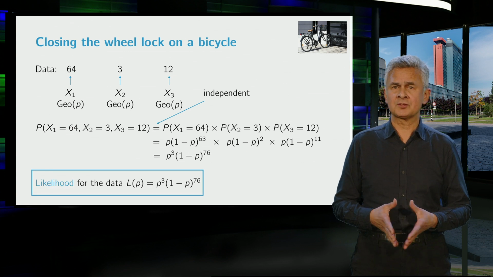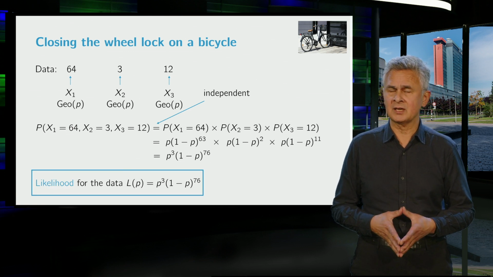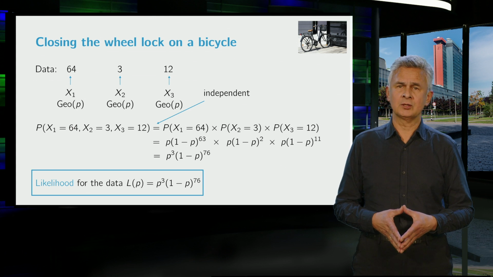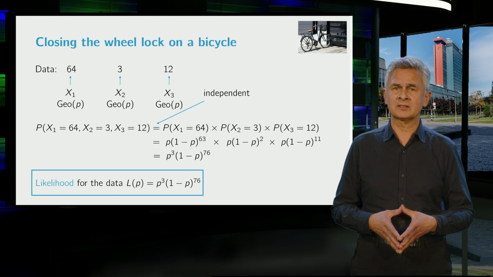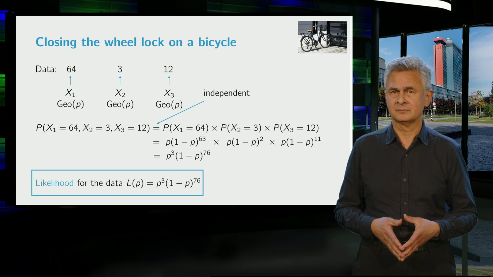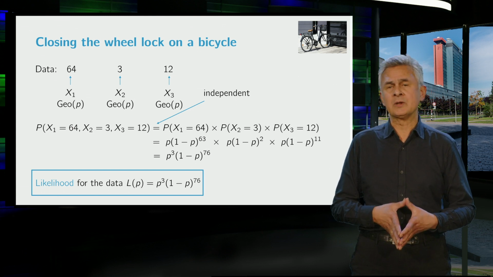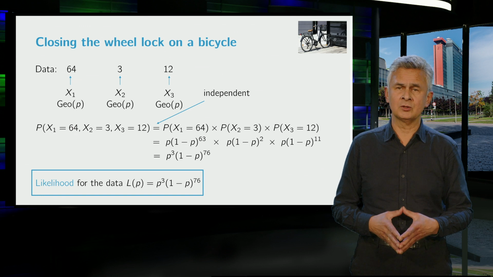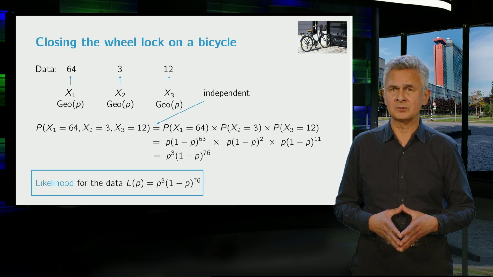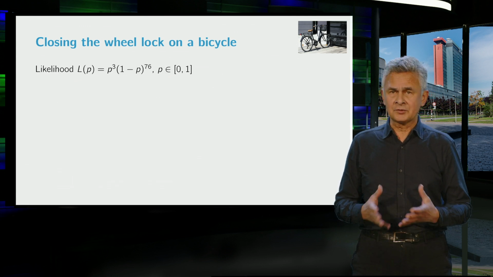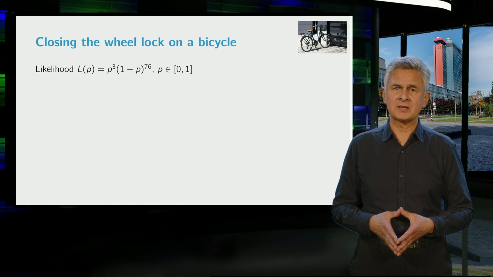This expression, which represents the probability of the data, is called the likelihood and is denoted by the capital letter L. Now the question remains, for which value of p between 0 and 1 does the likelihood attain its largest value? Well, this is where statistics meets basic calculus.